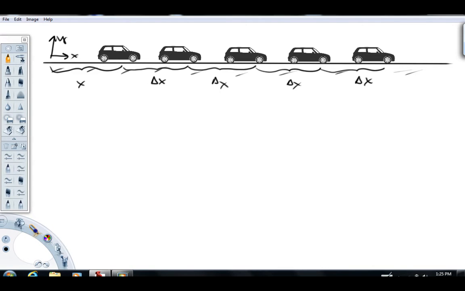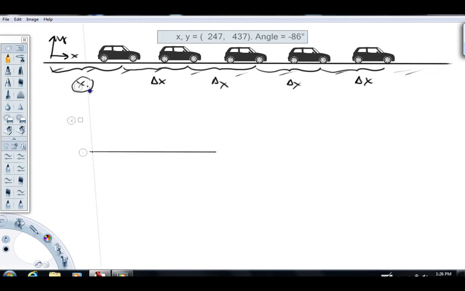So if we were to graph position against time, and again that's the x coordinate of the car against time, here's what that graph might look like. I'll go ahead and draw myself a decent set of axes here. So again, we're going to graph the x coordinate of the car against time.